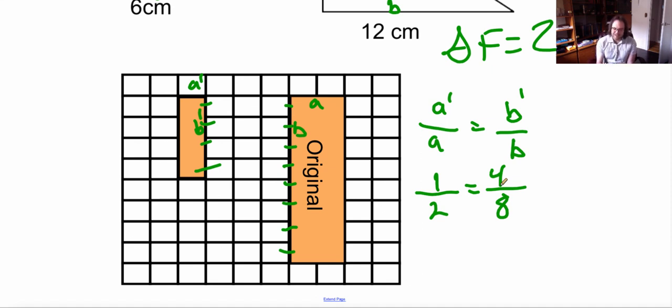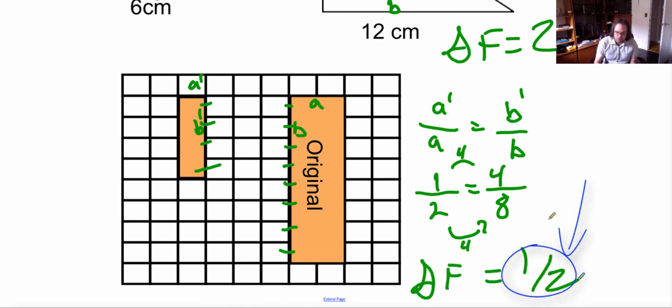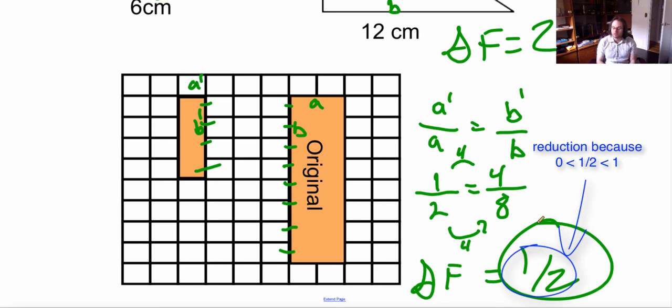Now, is 1/2 and 1/4 the same? Yes, they are. They have the same proportionality because I just multiply this by 4, multiply this by 4. They're going to be the same. They're the same ratio. So proportionality is the same. And my scale factor is equal to 1 over 2, or 0.5, because 4 out of 8 is 1 over 2, or 0.5.